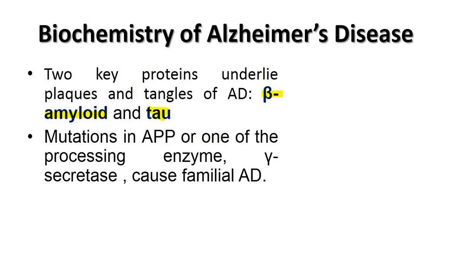Whenever there is a mutation in the amyloid precursor protein APP, this APP mutation will lead to the faulty processing of enzymes such as gamma secretase, and this causes familial Alzheimer's disease.